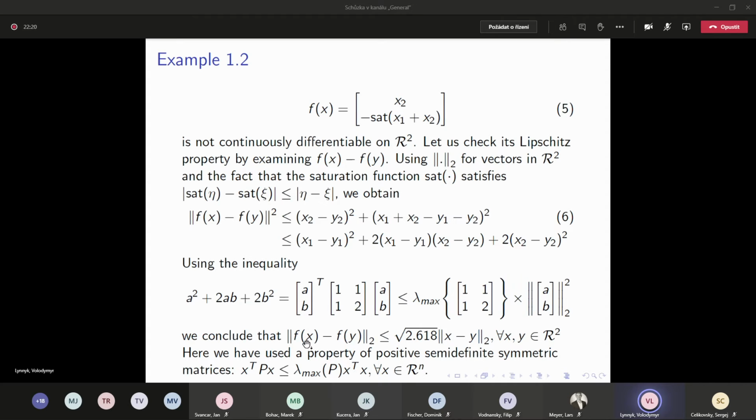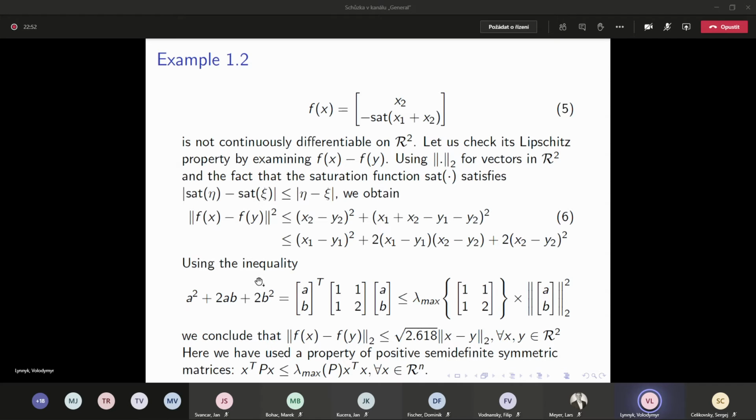And we conclude that the norm of f(x) minus f(epsilon) is less than or equal to the square root of 2.618, which is the maximal eigenvalue of this matrix, times the norm of x minus epsilon, for all x, epsilon in R2.